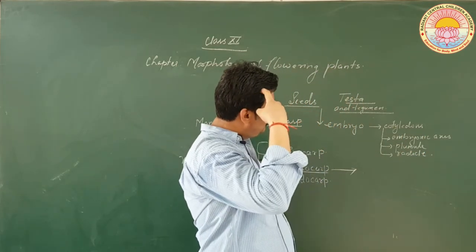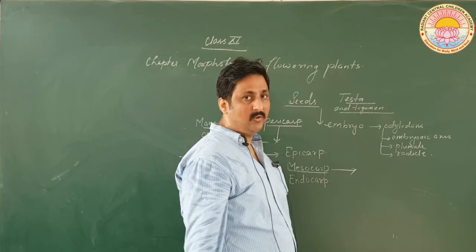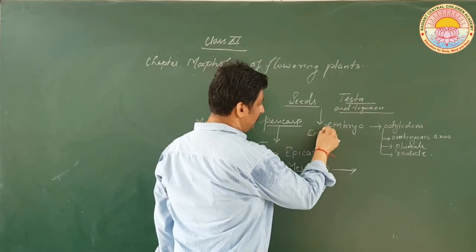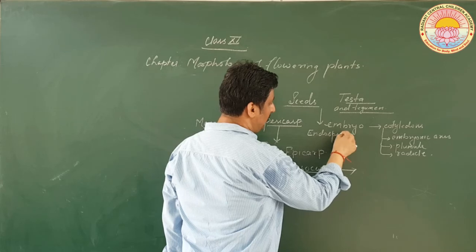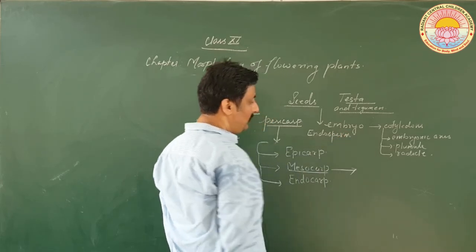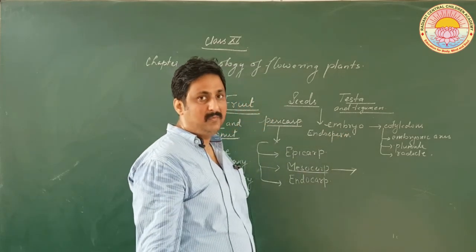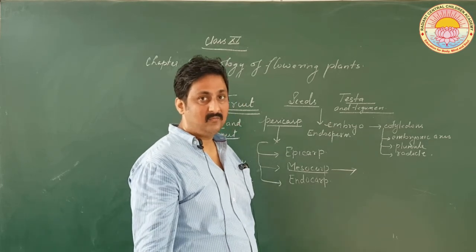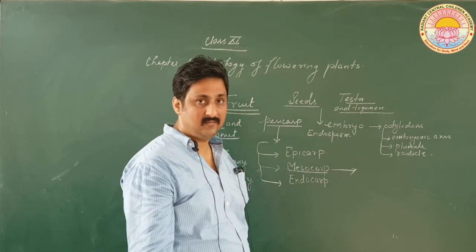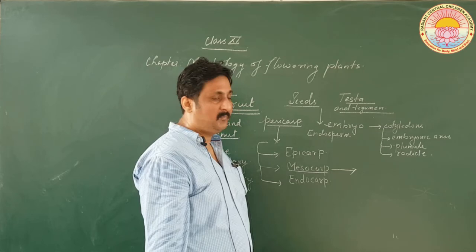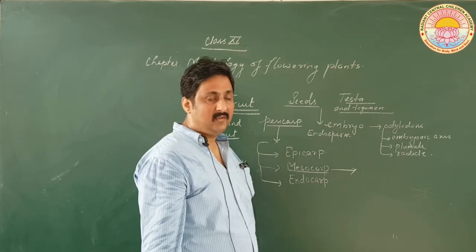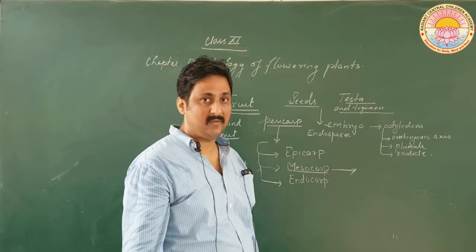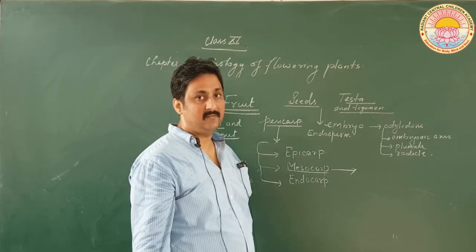Now, apart from that, the seed also sometimes contains endosperm. Where the endosperm is present, it is called an albuminous seed or endospermous seed, for example wheat and rice. Where the endosperm is not present, it is said to be an ex-albuminous or non-endospermous seed, for example in case of the pea plant.